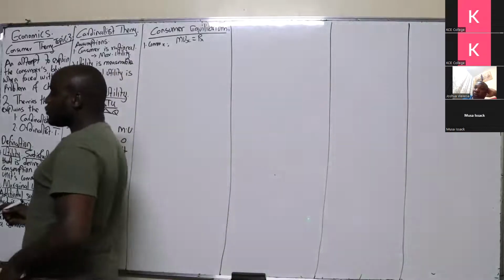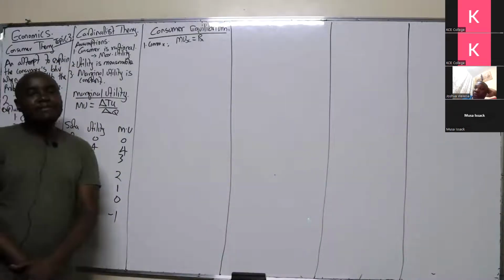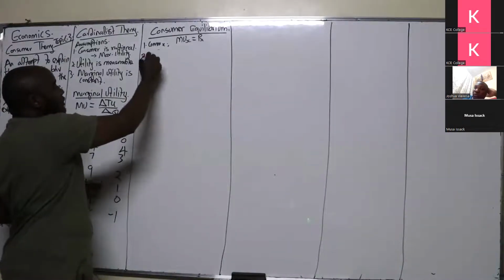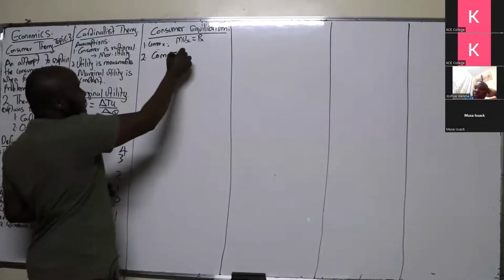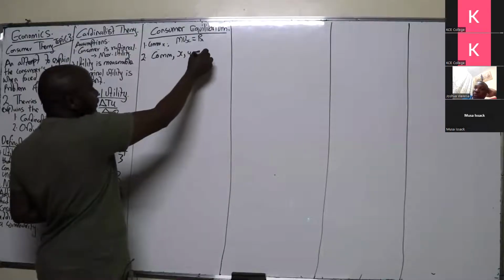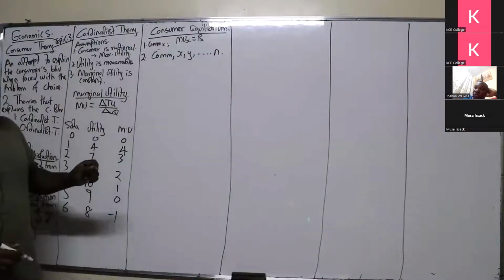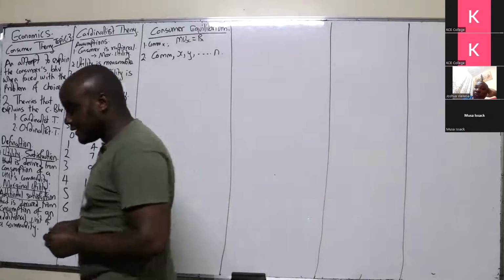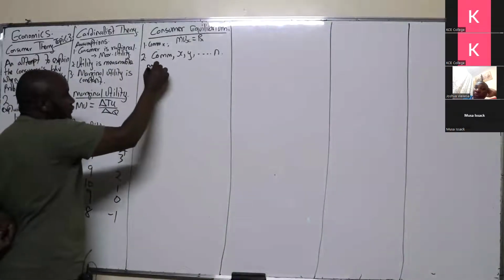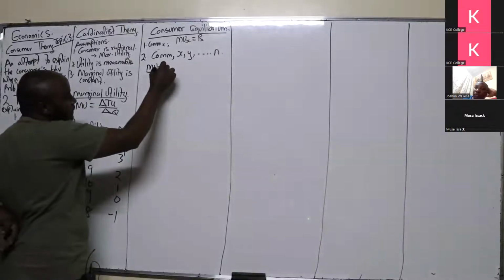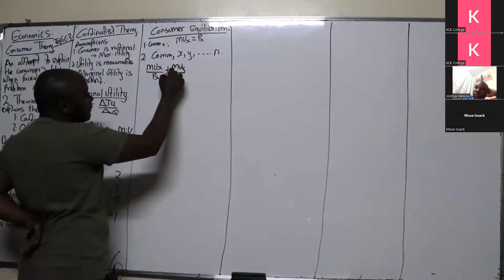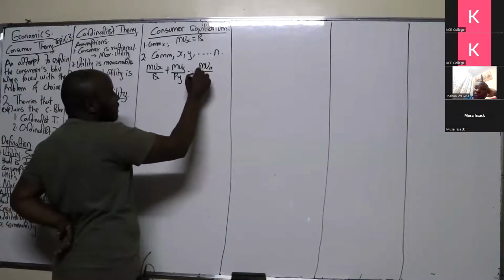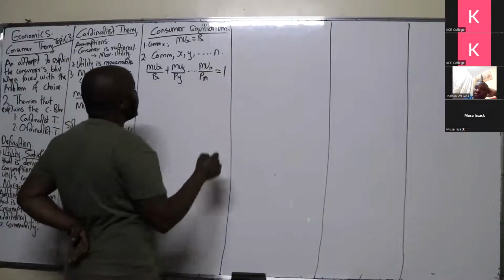But assuming now we are talking about a situation where we have different commodities: commodity X, Y, all the way to N. The sum will be a whole number 1, where the marginal utility of X divided by the price of X, plus the marginal utility of Y divided by the price of Y, all the way to the marginal utility of N divided by the price of N, will be equal to 1.